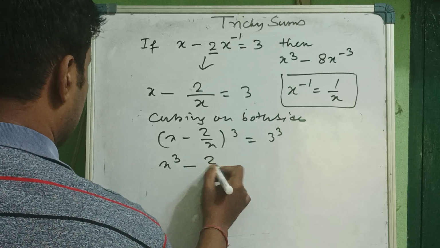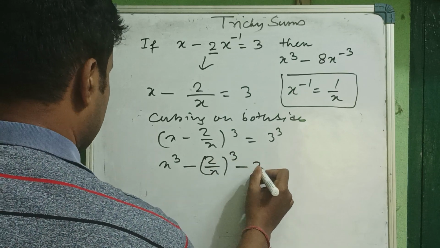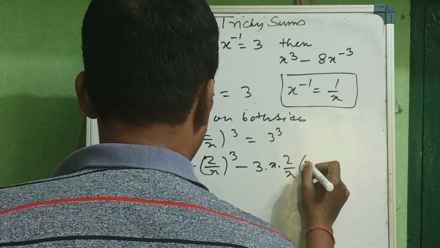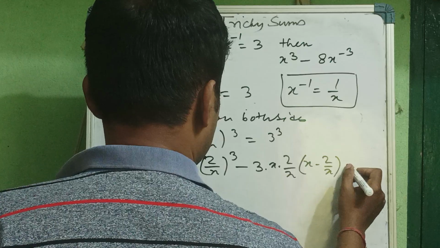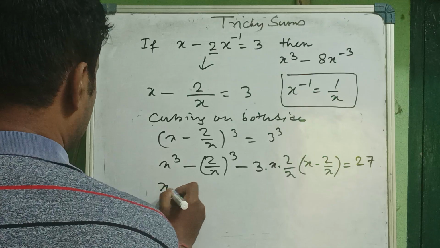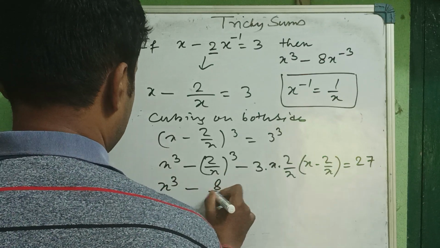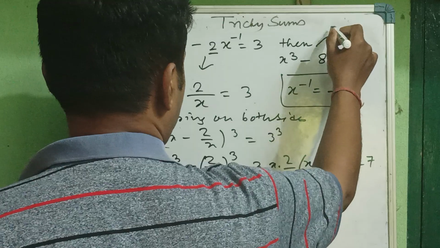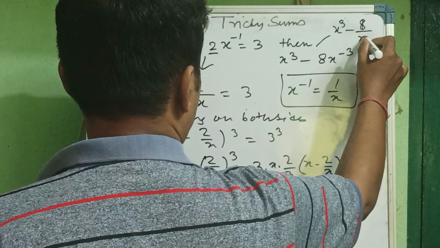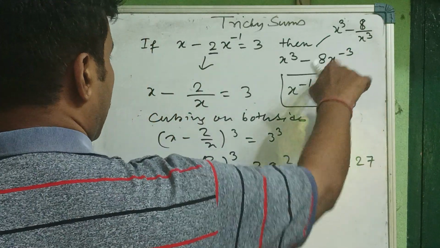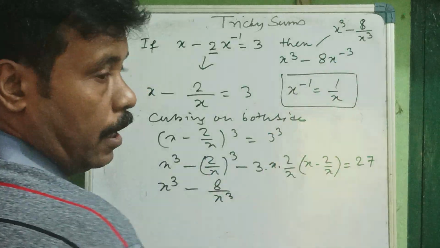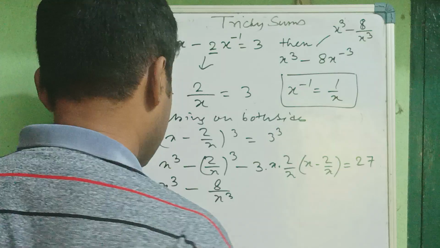We get (x minus 2 by x) whole cube, which is x cube minus 8 by x cube minus 3ab(a minus b), that is 3 times x times 2 by x within bracket (x minus 2 by x), and 3 to the power 3 means 27. Now you get the values x cube minus 8 by x cube, because by the laws of indices x to the power minus 3 is 1 by x to the power 3.